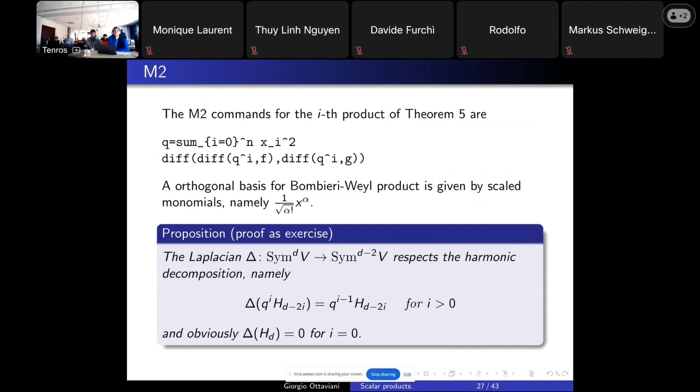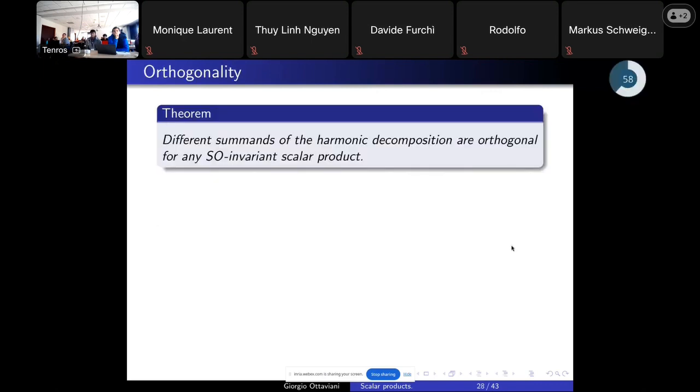Then a proposition: the Laplacian respects the harmonic decomposition, so one summand goes exactly into the next one. And again, another property: since we have all these scalar products, you can ask if all the summands are orthogonal, and this is true.